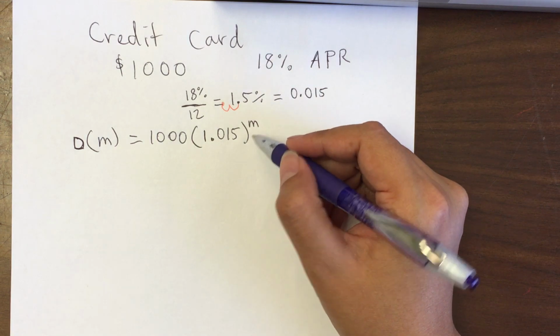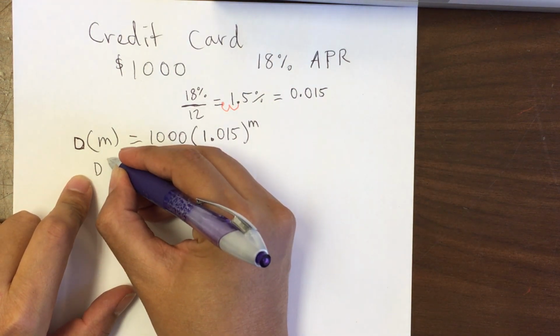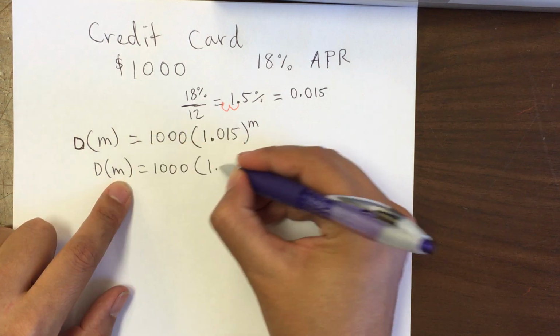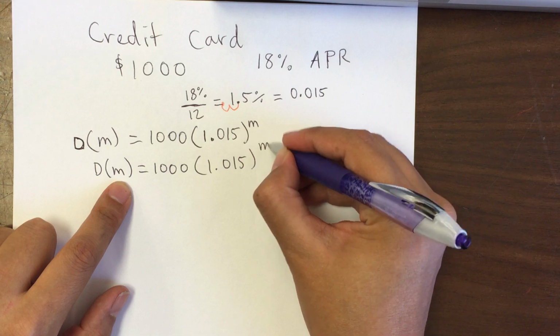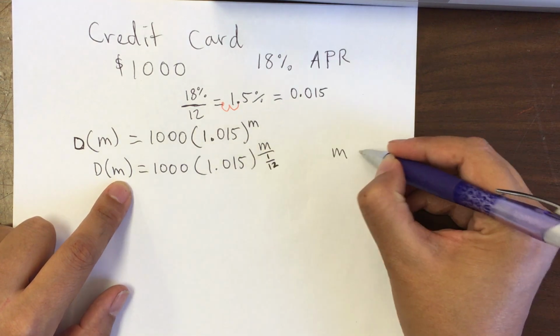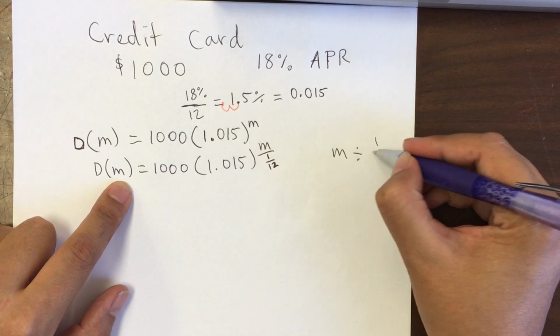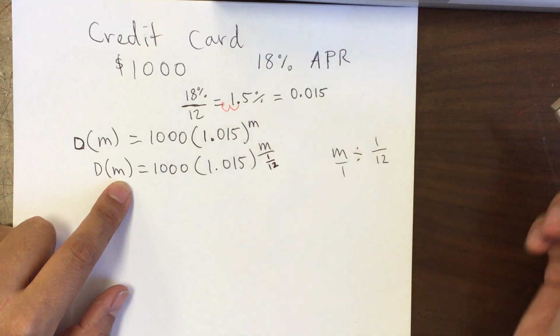Again, let me write the next step, but you can just skip this step. D of M equals 1.015 to the M months over the cycle, which is, if you recall, dividing this M by 1/12, put it over 1.